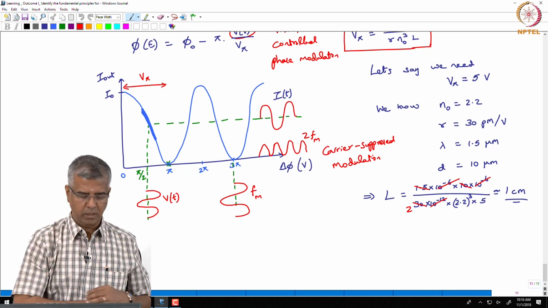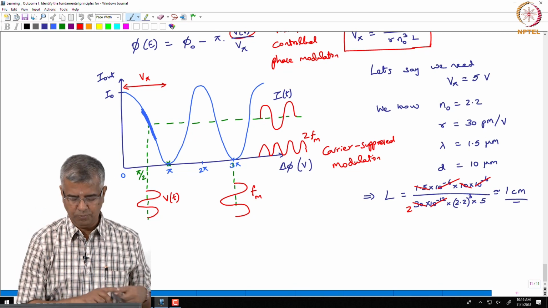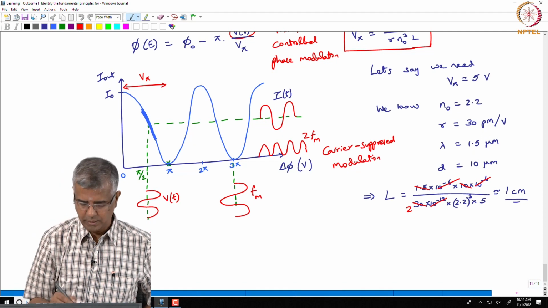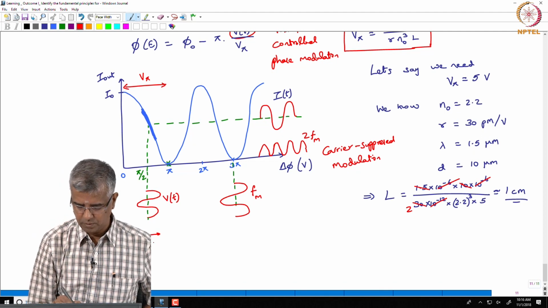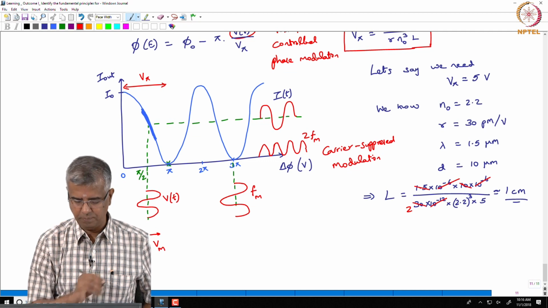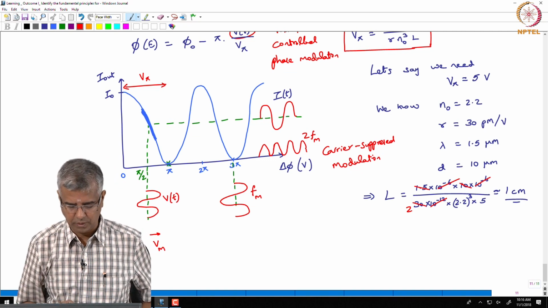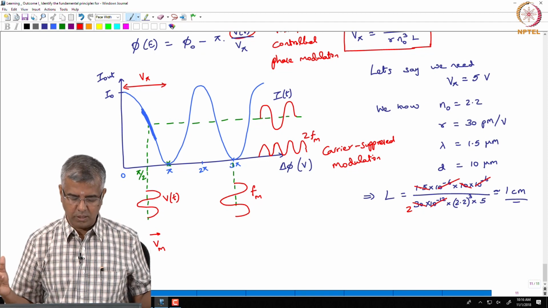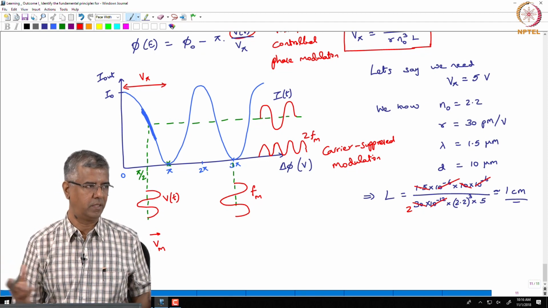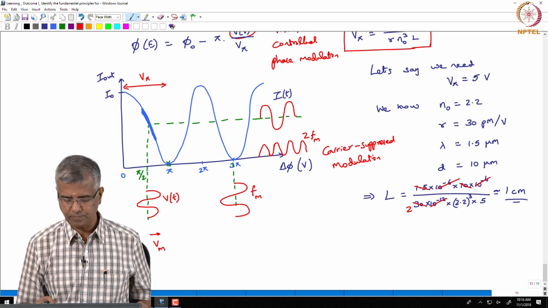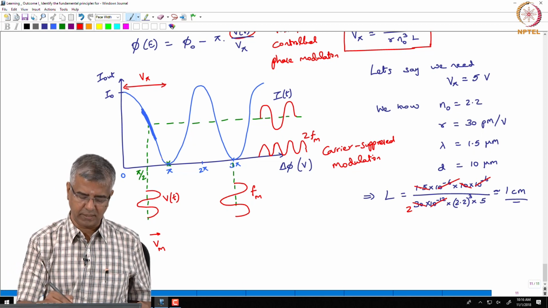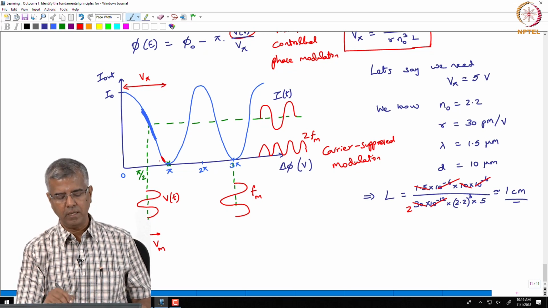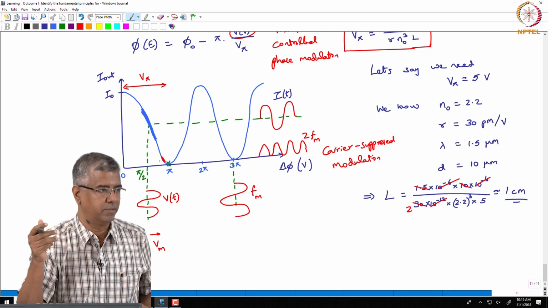Now, in this case itself, let us call this Vm, the magnitude of that voltage. If that Vm was closer to V pi, as it approaches V pi, then you are starting to access these nonlinear regions. So clearly it is not linear.